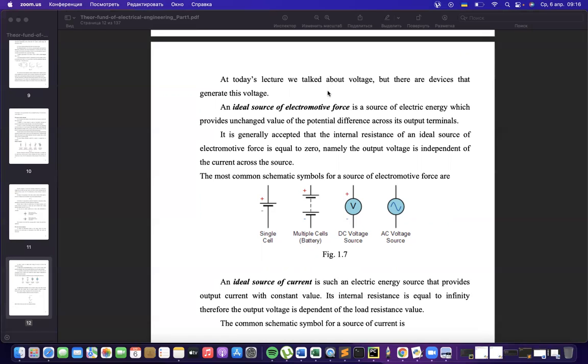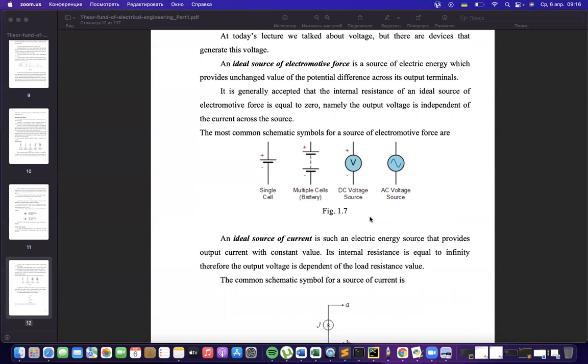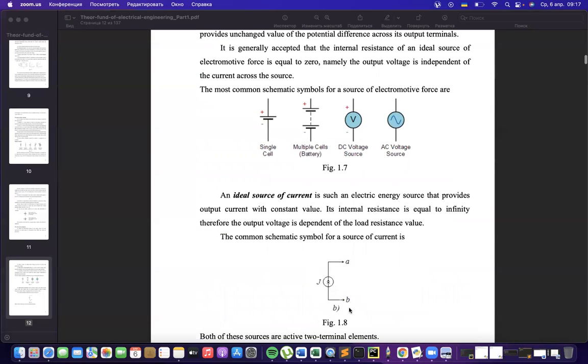All objects we could divide into sources of energy, two types of sources, voltage and current. A voltage source gives us constant voltage and the current could change. The current source, pointed this way, gives us a constant value of current, but the voltage could be any.